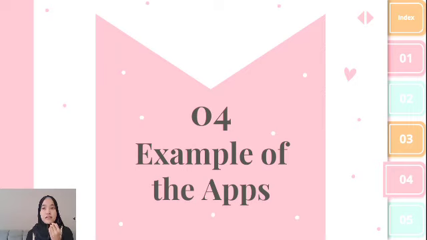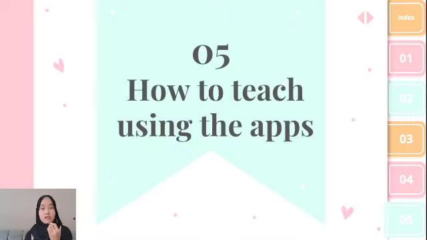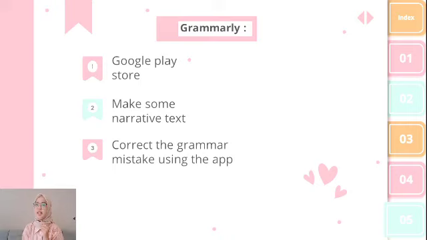For the next, the example of the apps is Grammarly and Cambly. The next material is about how to teach using the apps. For Grammarly, to use the app, we must download it from the Google Play Store or the App Store, and then ask students to make a narrative text.